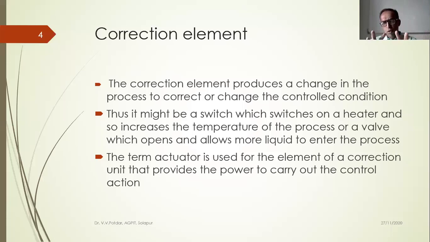Now, I want to maintain the temperature inside the furnace. I have set the control value to be 1500 degrees Celsius. And I'm using a temperature sensing transducer, maybe a platinum type RTD. It will be subjected to whatever temperature is inside the furnace, and accordingly, if you remember, the resistance of that platinum wire changes.